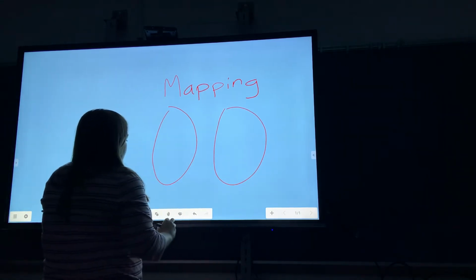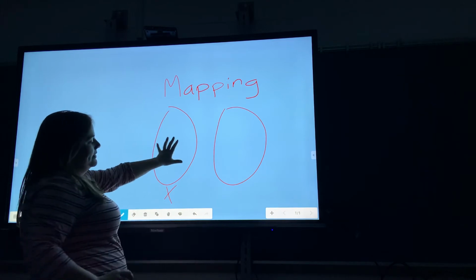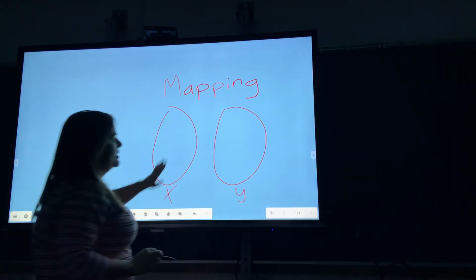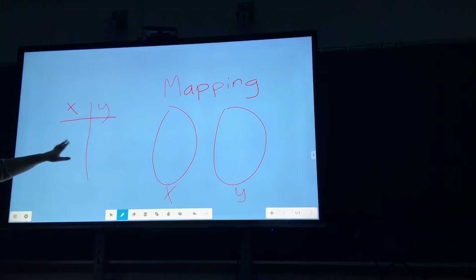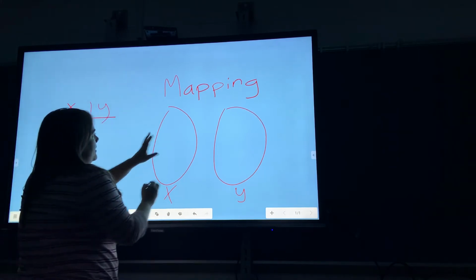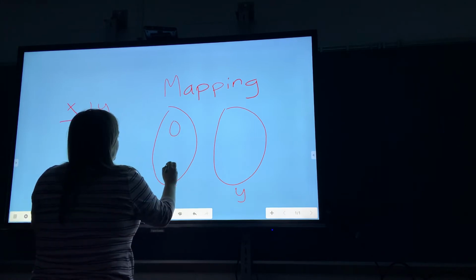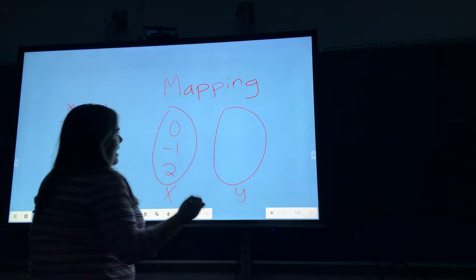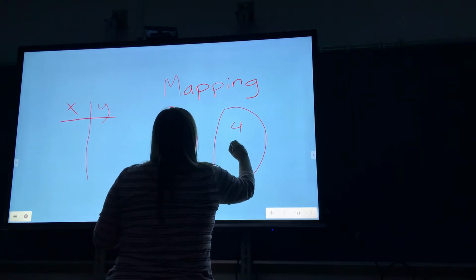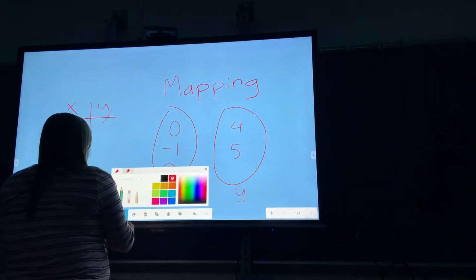Again, our x values are going to be on our left, and our y values are going to be on our right, just like how our table was. Our table was x, y. Okay, so in our left bubble, I'm going to have 0, -1, and 2. And then my y's, I'm going to have like 4 and 5.